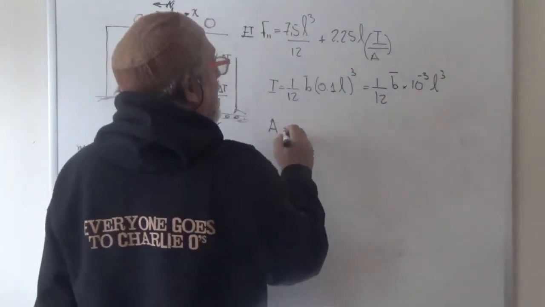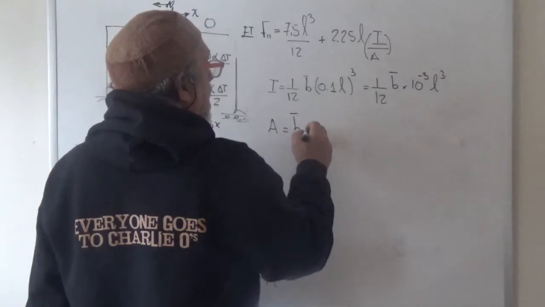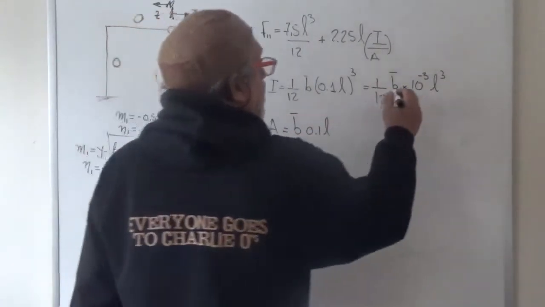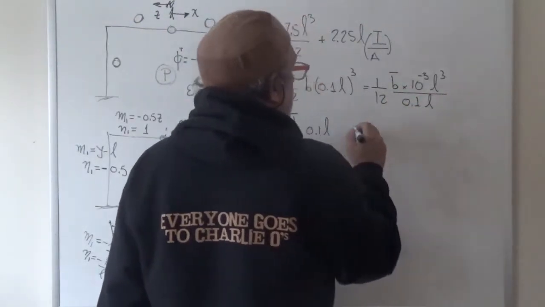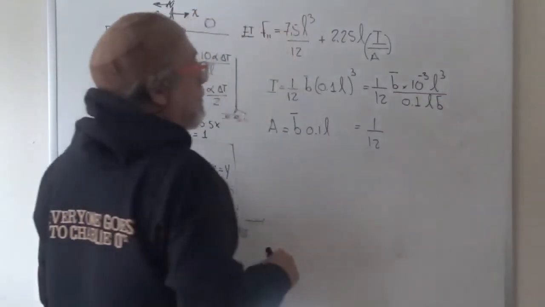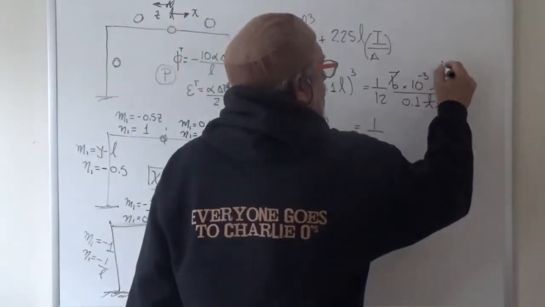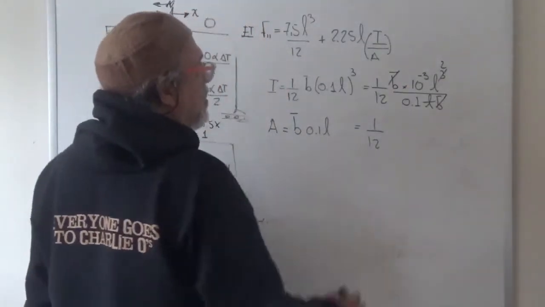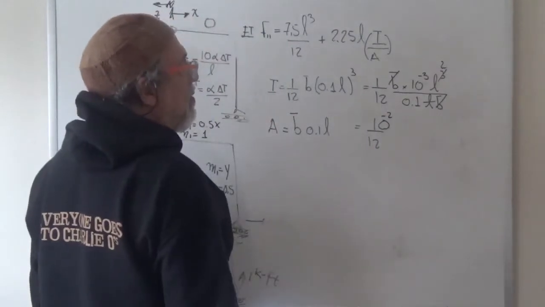And the area is equal to B bar times D bar, which is 0.1 L, right? So that means that all I have to do here is divide by 0.1 L. And so we get that this is 1/12, oops, I'm sorry, B bar. So the B bars cancel. This L gives me 1 L squared. And that 0.1 goes to the top as 10, and that's 10 to the minus 2. So I get 10 to the minus 2 divided by 12.